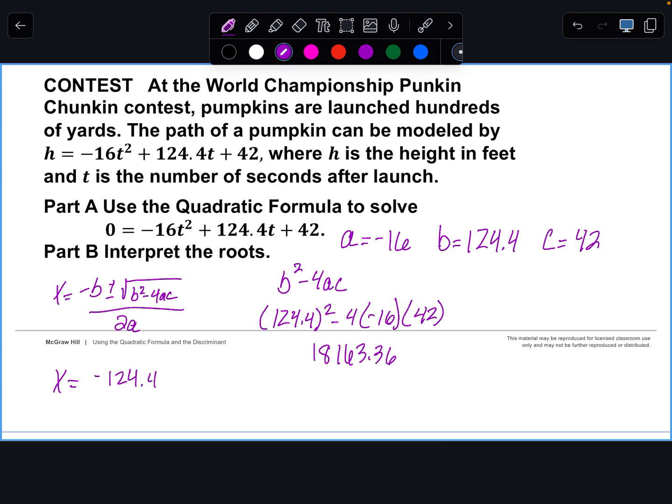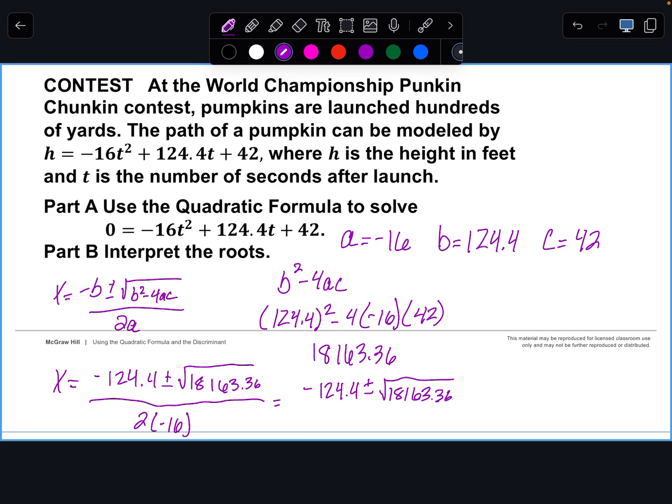Okay. So, x is equal to the opposite of b plus or minus the square root of 18,163.36, all divided by 2 times negative 16. So this is negative 124.4 plus or minus that square root of 18,163.36 divided by negative 32.